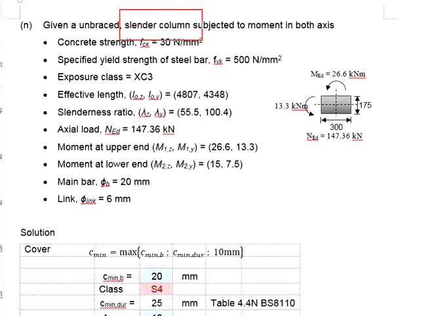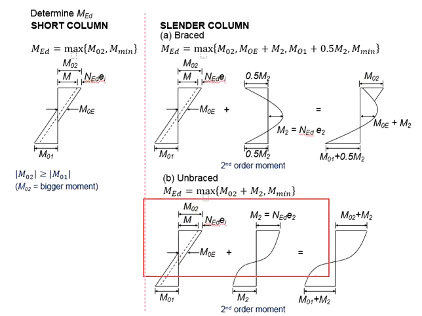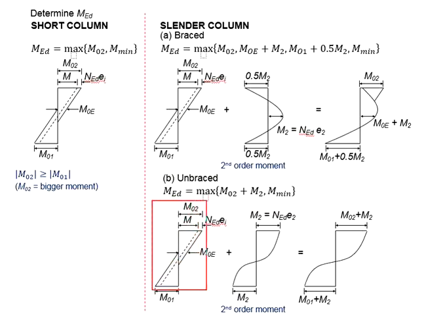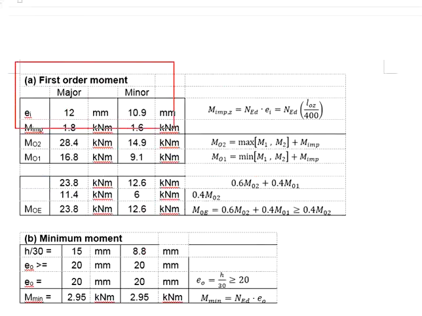Dealing with the slender and unbraced column, the MED is determined by this stress diagram as given in the equation here. You will need the first order moment plus the second order moment in order to determine the design moment. Let us first deal with the first order moment.